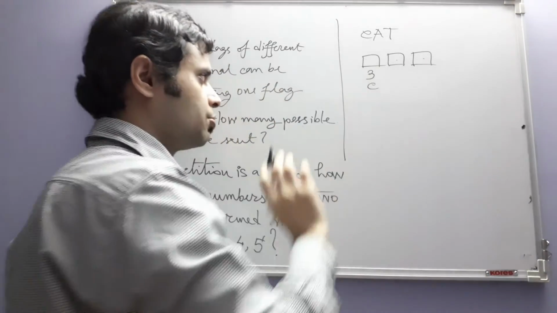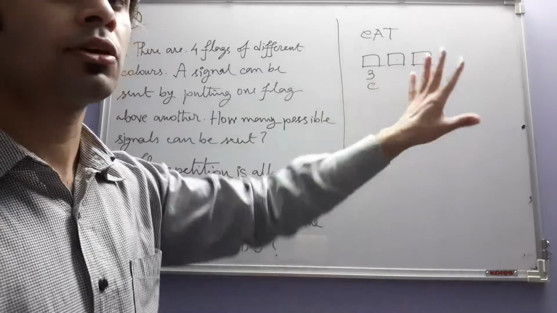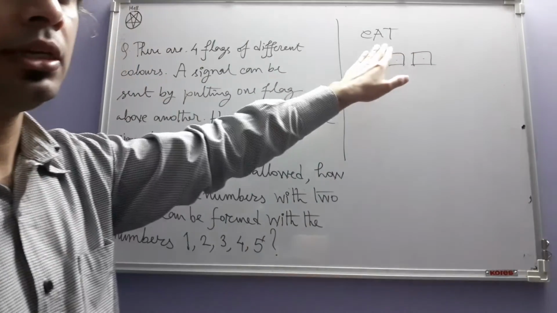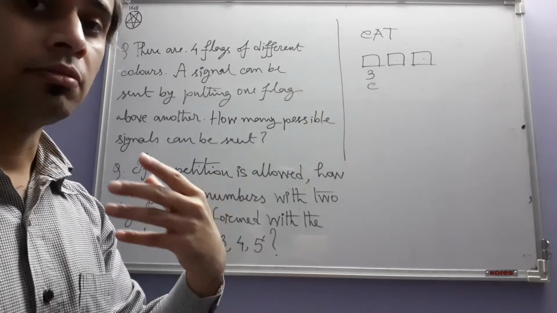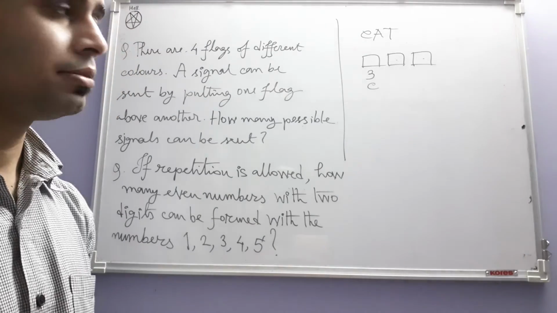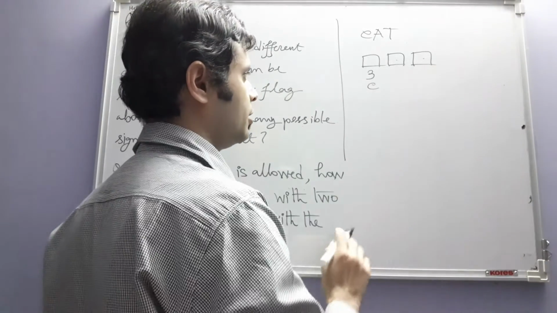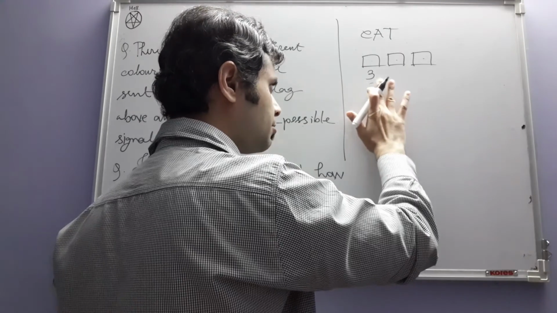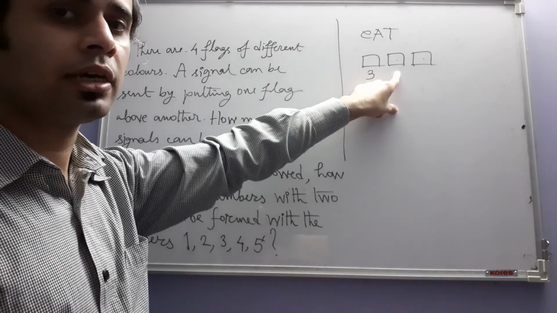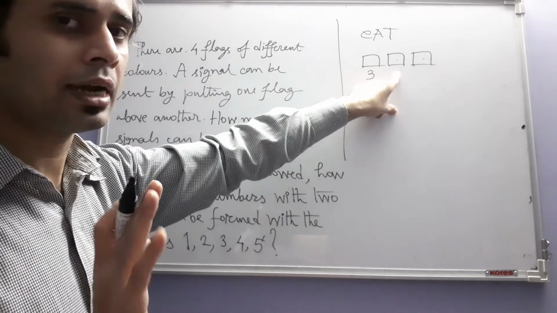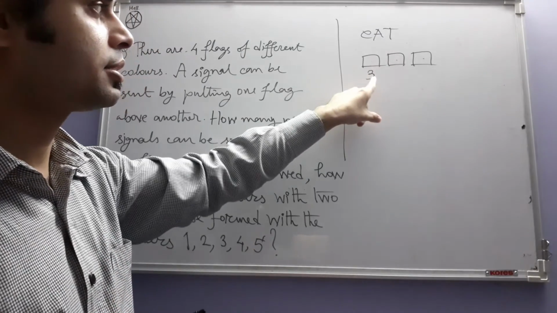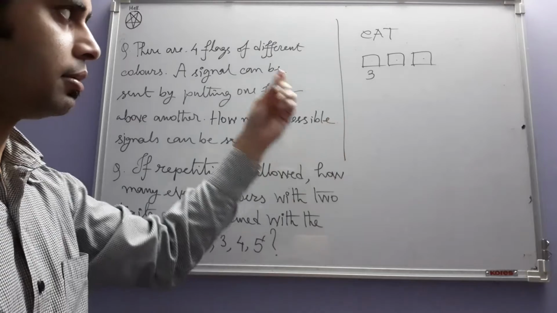Previously, once we chose a letter, that cannot be chosen again. We were left with the remaining two letters. But now, since repetition is allowed, C can again occur. So, for the first box, I have three choices. But for the second box also, I have three choices. Why? I don't have two choices any longer. I still have three choices because C can again appear.